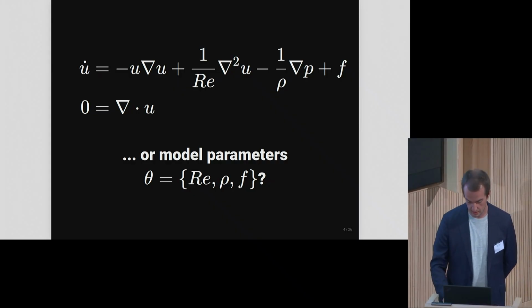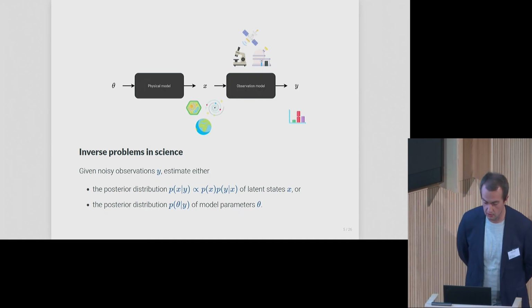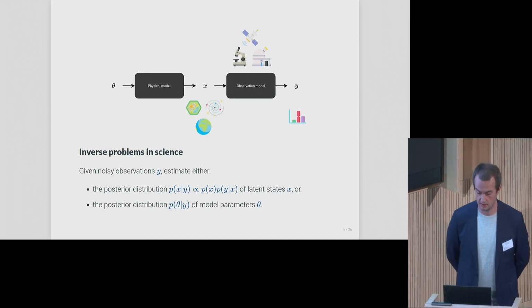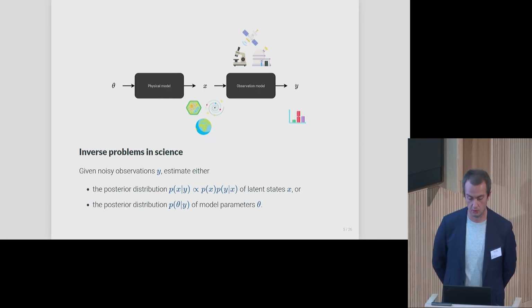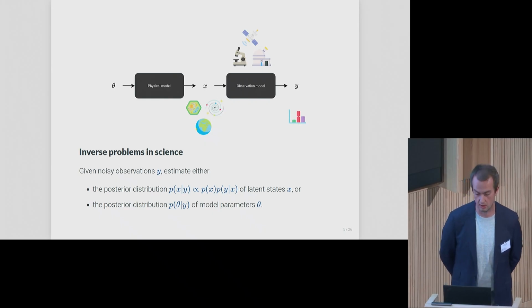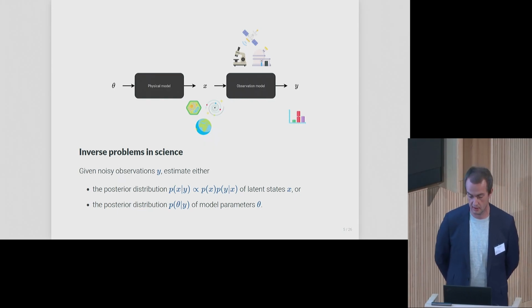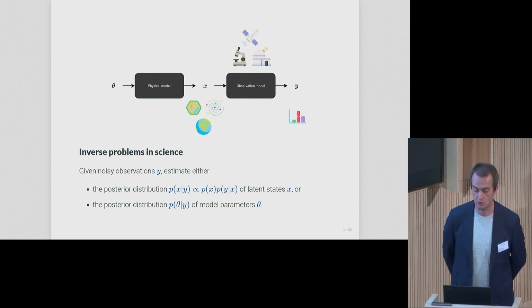These inverse problems are quite common in science because experimental measurements are neither direct nor perfect. We have to deal with instrumental noise, limited resolution, and incomplete or indirect observations. Because of that, the only thing we can do is to guess the underlying physical state or the model parameters that could have led to these observations.